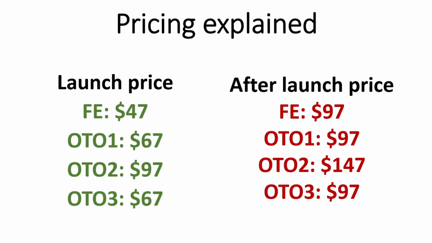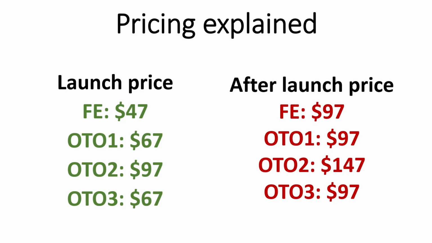Okay, so the launch price for the front end version is $47. After the launch, the price goes up to $97 for the front end. OTO number 1 is $67 during the launch period. After the launch period, it goes up to $97. OTO number 2 during the launch period is $97, and after the launch, it goes up to $147.